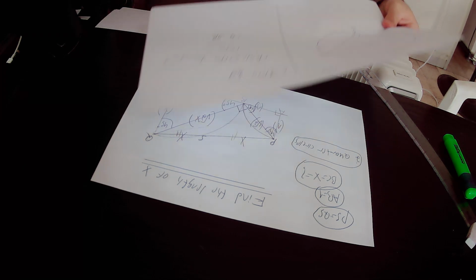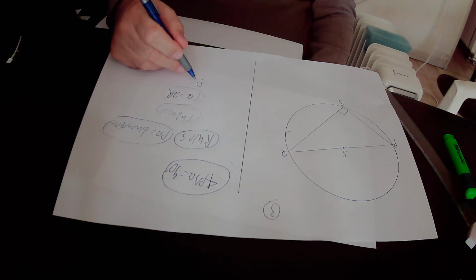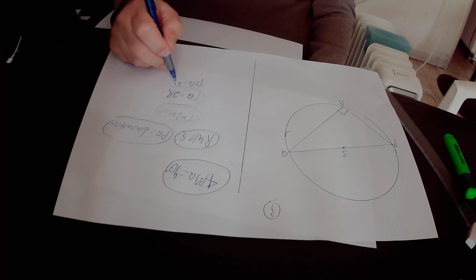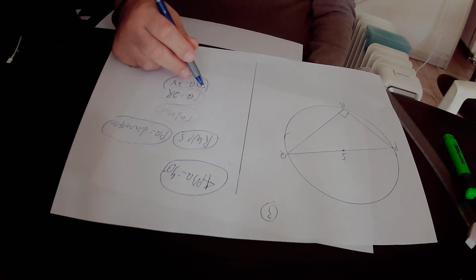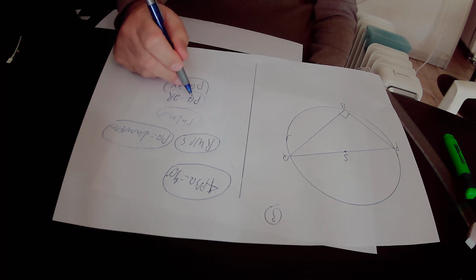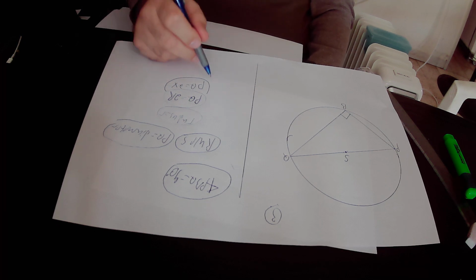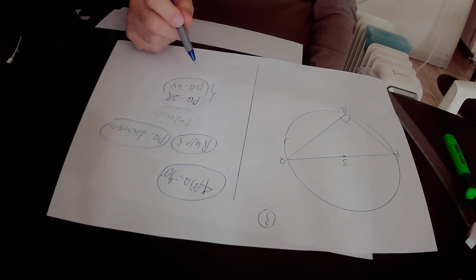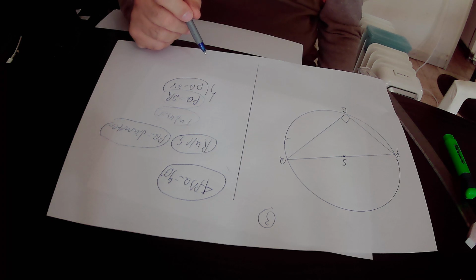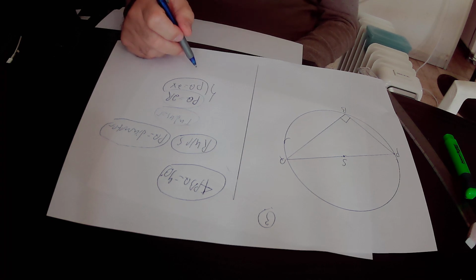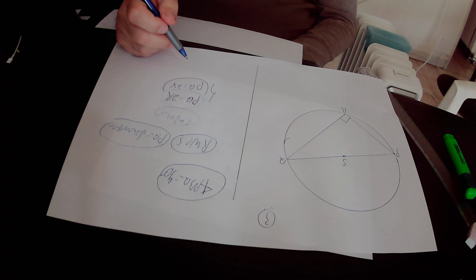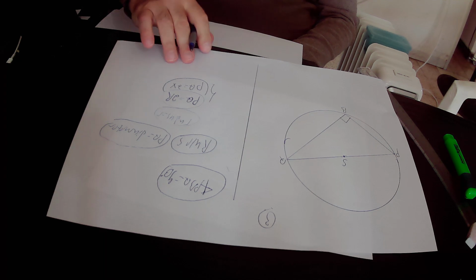So from one side, PQ equals 2X. From the other side, PQ is the diameter of the circle, therefore it equals 2R. From those two equations, PQ equals 2R and PQ equals 2X, we derive that 2R equals 2X.